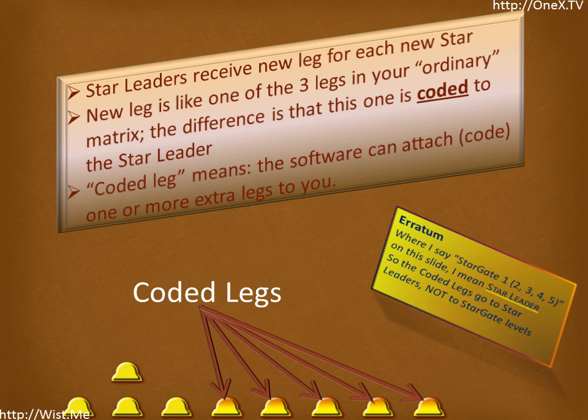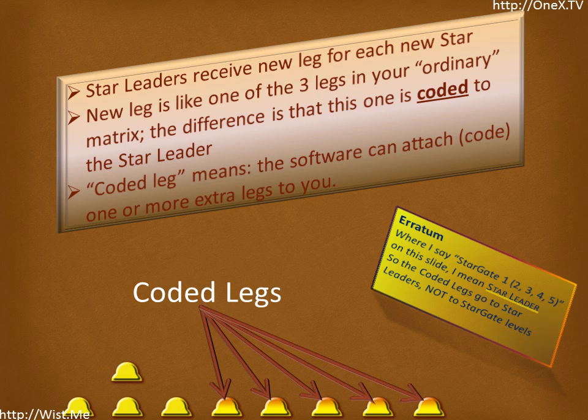So you go to Stargate 1, you get 1 new leg, which means you have 4 legs. Go to Stargate 2, get another new leg, then you have 5 legs. Go to Stargate 3, 4, 5, you get one leg each, so in the end, if you have a Stargate 4, you will have 5 new legs.